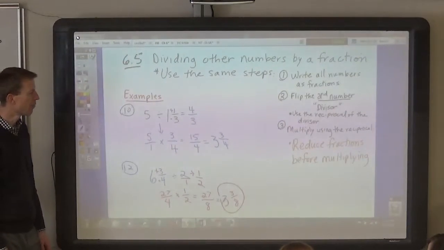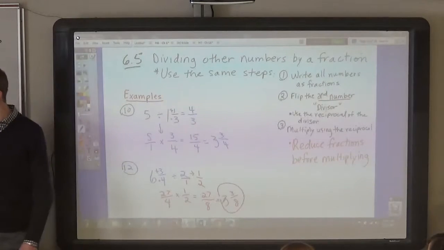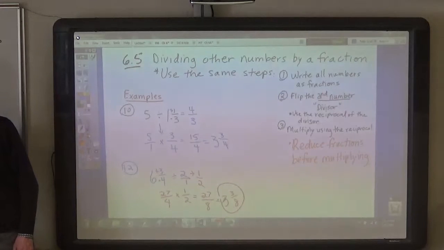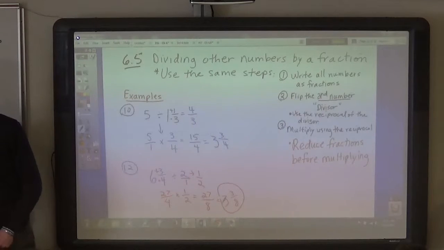See if you can get 3 3/8 on that one, and then keep going and do 14, 16, 18, and 20.